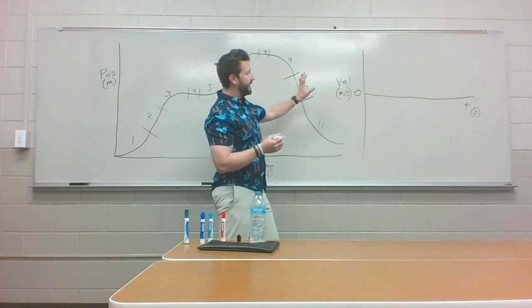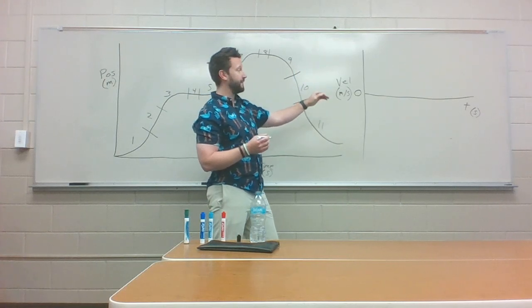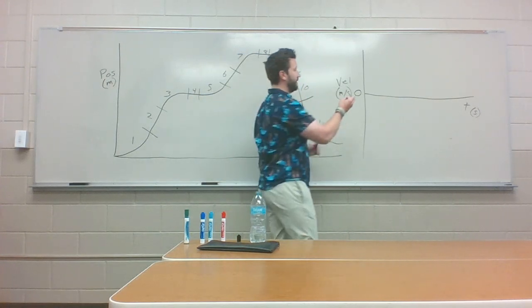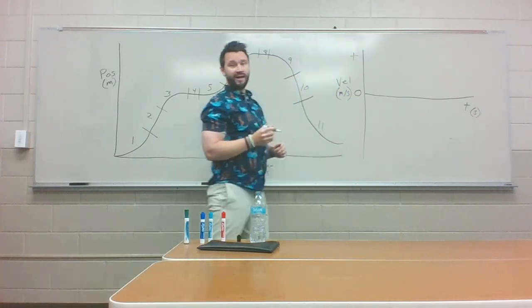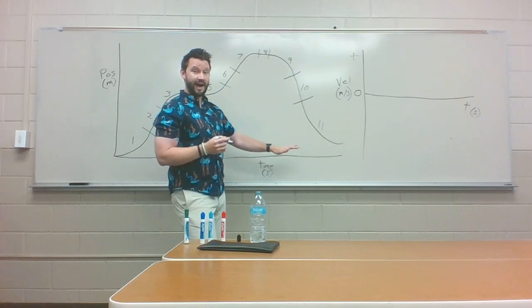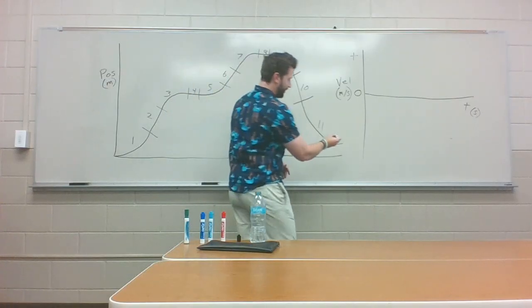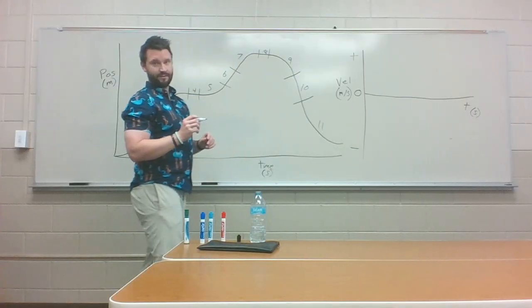So everything on the top half of this graph, everything above zero, will represent positive velocities. Everything on the bottom half, below zero, represents negative velocities.